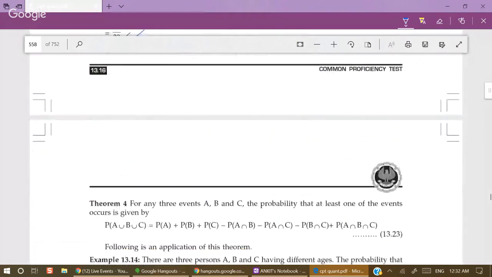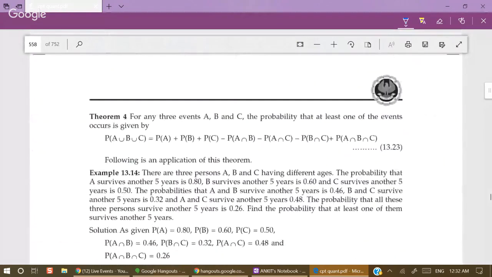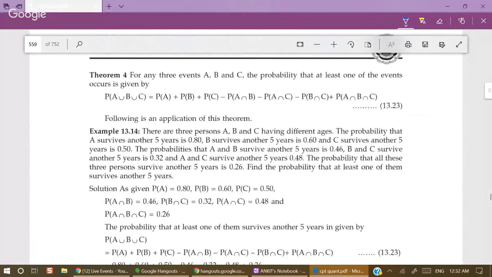Theorem 4. For any three events A, B, C, the probability that at least one of the events occurs. Please note that it is not exclusive, not exhaustive, not equally likely, nothing special.